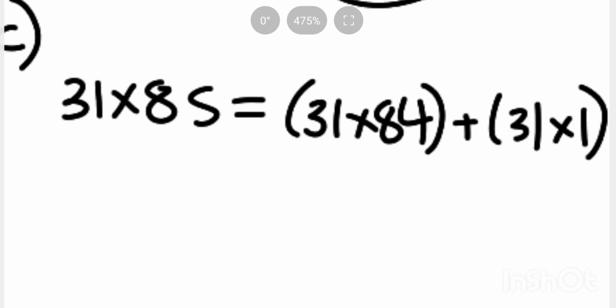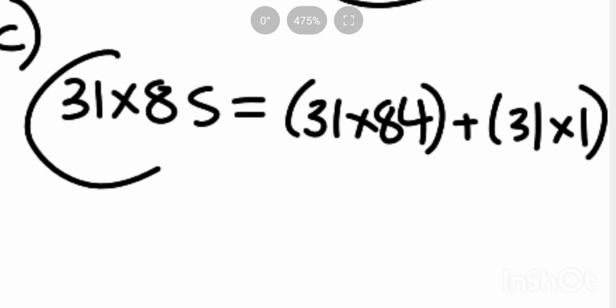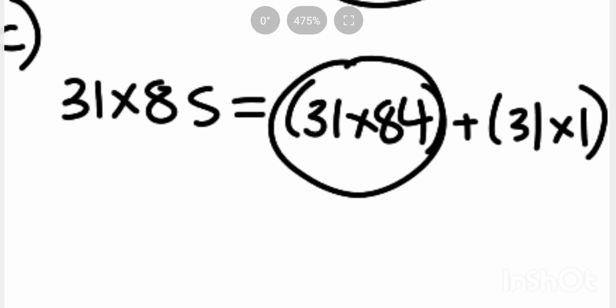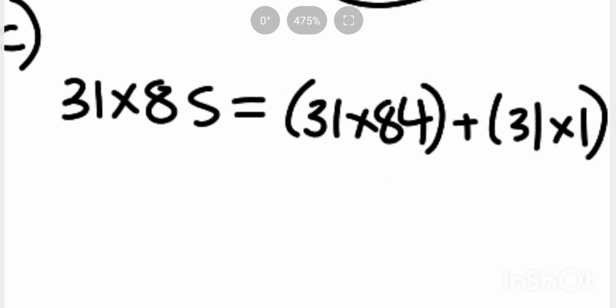So on this side you have 85 lots of 31. On this side you have 84 lots of 31. And then here you're just adding another 31 on top of that.